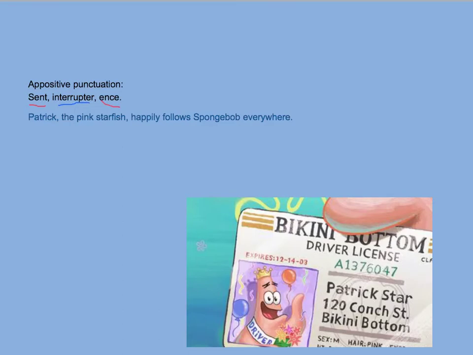And you can see that in our example. Patrick, subject, follows, verb. Starfish, another noun describing Patrick. And because the appositive is interrupting my sentence, I have a comma around it.